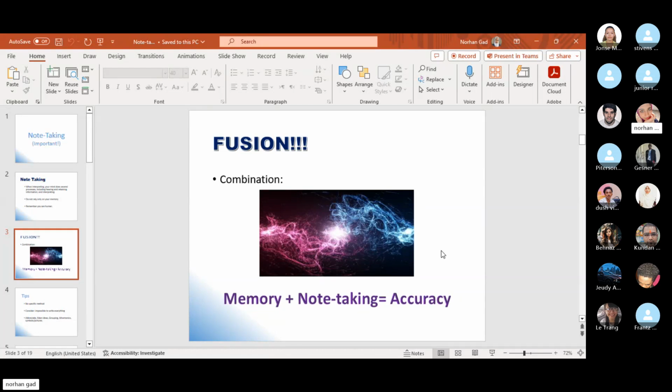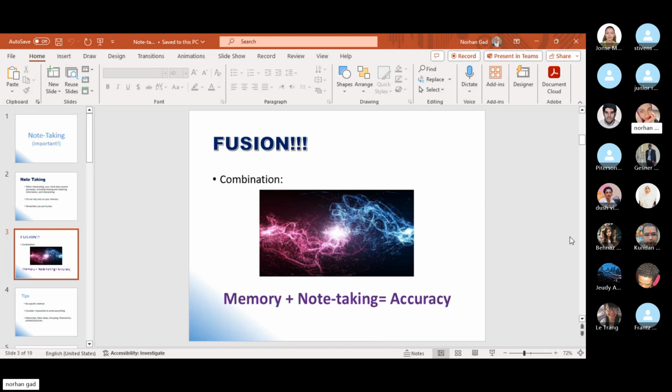So again, you can't 100% rely on just taking notes, and you still can't 100% rely on your short memory, because either way, you're going to fail. You're not going to reach the 100% accuracy.